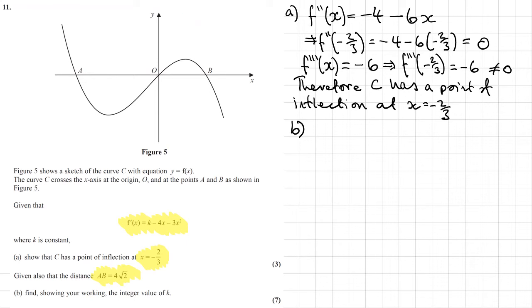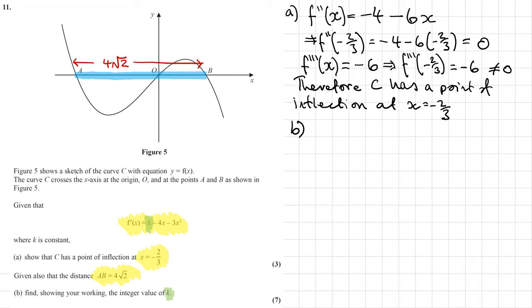So we have a distance going from here to here, and that distance is 4 root 2, from there to there. And what we need to do in part B is find, showing your working, the integer value of k, that is that value there. So that's what we're trying to find.